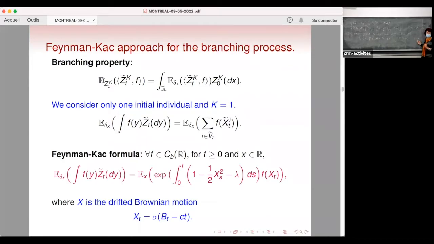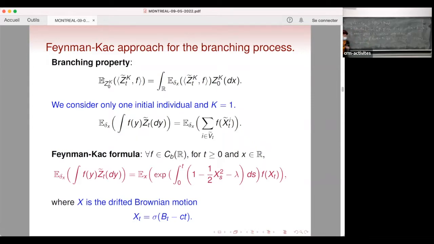I remember I wrote my solution of this equation, and it's unique as a finite measure valued function. Okay, the solution. And so we have uniqueness, which gives you immediately this Feynman-Kac formula.